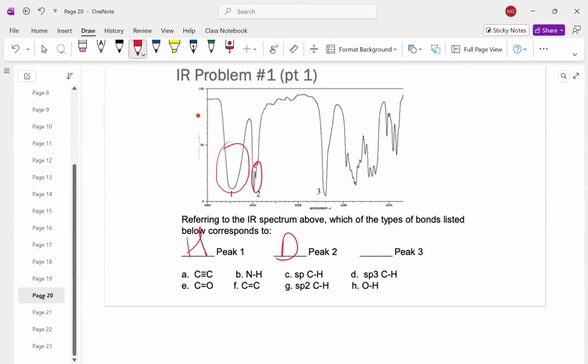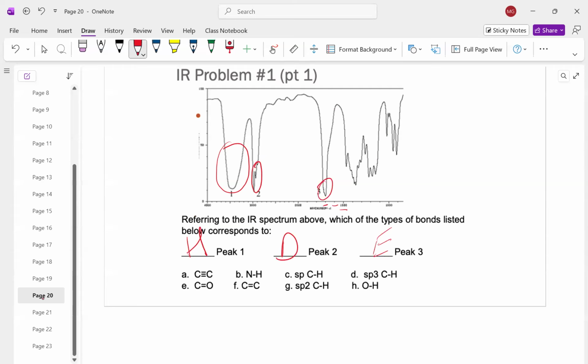And then I look at the last one. If this is 1500, 1600, 1700, there's a signal there. Now that's in my double bond region. How do I know if it's a carbon-carbon double bond or carbon-oxygen double bond? Well, at around 1700 is when the carbon-oxygen double bond starts. So that is going to be a carbon-oxygen double bond.